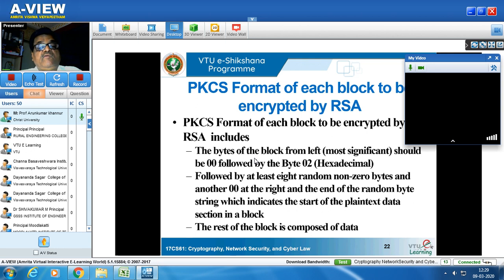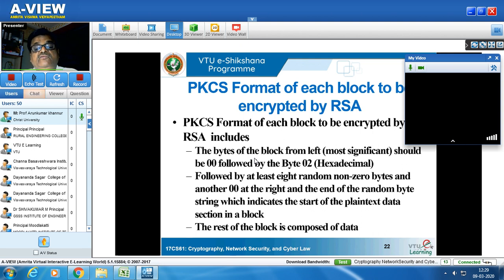Now we shall see how the entire formatting takes place. The PKCS format of each block to be encrypted by RSA includes the bytes of the block, from the left, most significant, should be 00. It starts with 00, followed by 02, which is in hexadecimal format, and then followed by at least 8 random non-zero bytes.